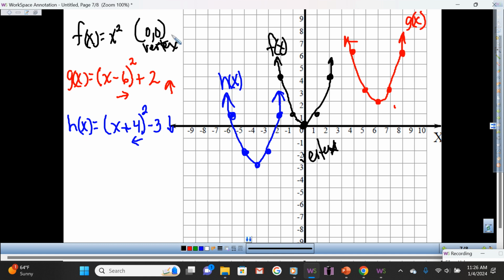So tell your neighbor the vertex for the red one. What is the vertex for the red one? And write it out. Tell your neighbor, please. And we'll have Brandon Felix pass it to someone.